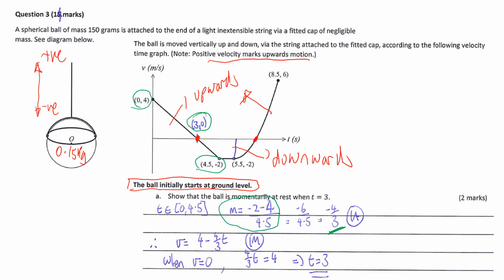And of course we've got immediate access to c, the y-intercept, in this case the v-intercept. So straight away, without any further calculation, we get our rule for v: v is 4 minus 4 on 3 times t. Setting v equal to 0 and solving for t, it's easy to establish that the ball is momentarily at rest at t equals 3. So the value of t for that intercept is equal to 3.